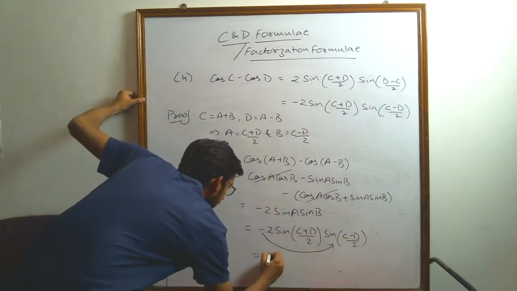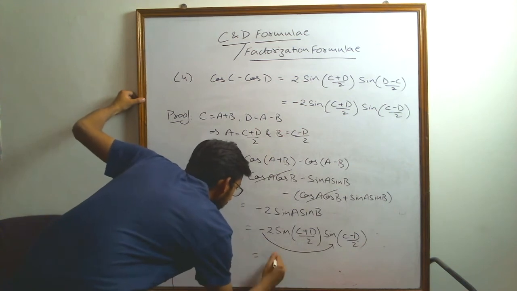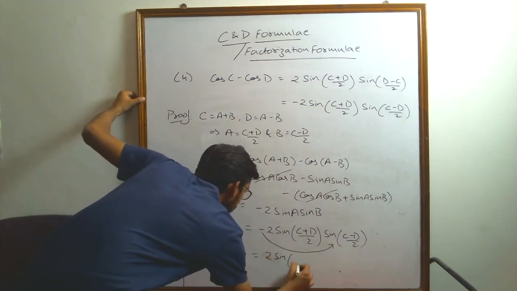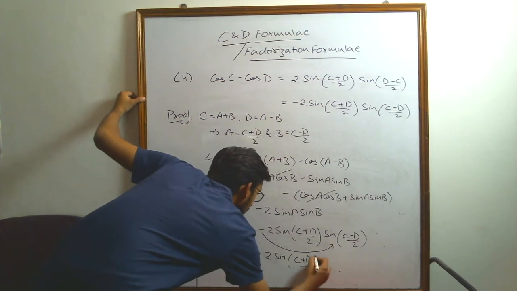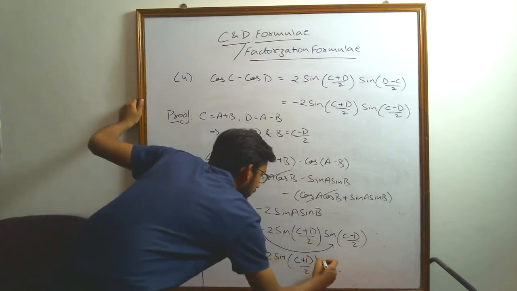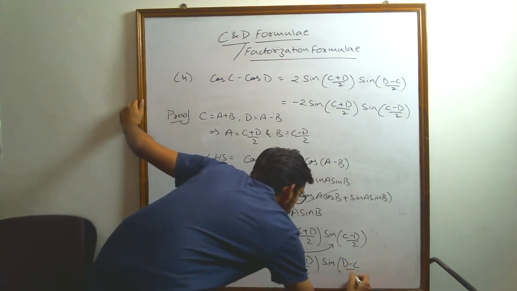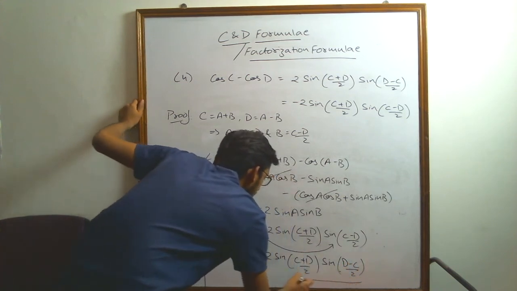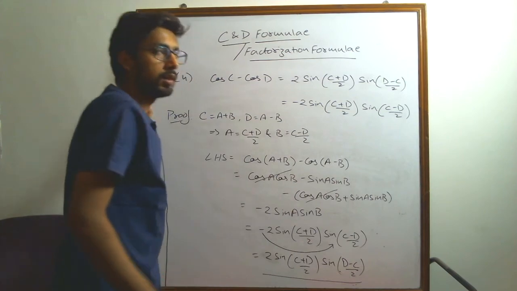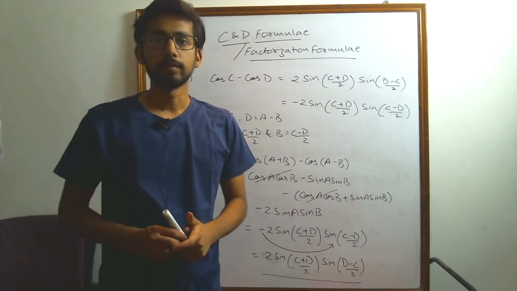So we'll write this as 2 sine C plus D by 2 into, negative of this angle, sine D minus C by 2. So we adjust the negative sign inside the angle here to get this form of the formula.